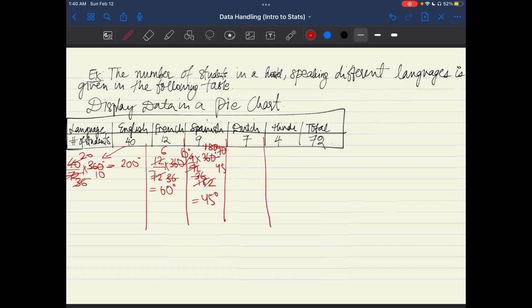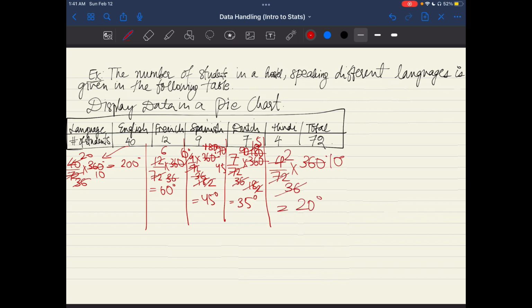Now the internal angle for the sector for Dutch will be 7 over 72 times 360 degrees. And again, that will be 35 degrees. And the internal angle for Hindi will be 4 over 72 times 360 degrees, which will be 20 degrees, right?